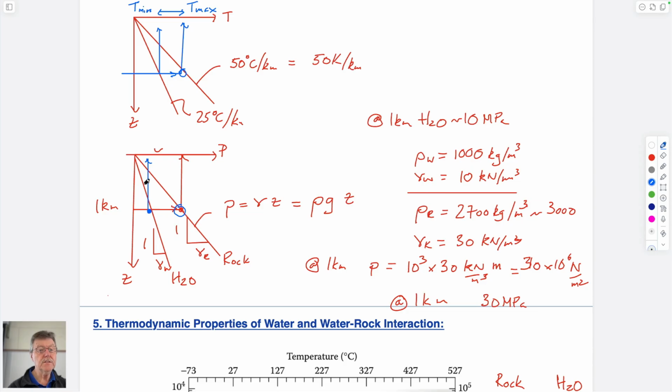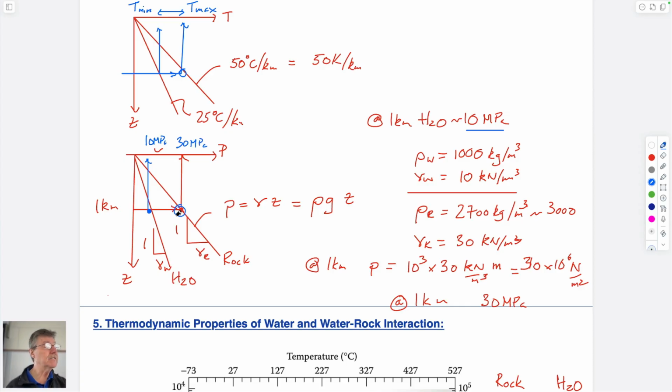So if you go down in a swimming pool, this is the pressure you'd feel. If you go down in a geothermal reservoir and the water is filled to the top and you go down a kilometer, this is the pressure that you'd sense 1 kilometer down, which will be at 10 MPa. So this would be 10 MPa, and this would be 30 MPa.